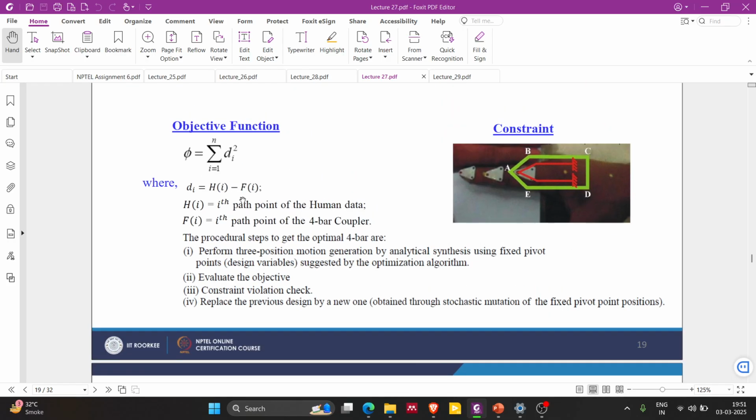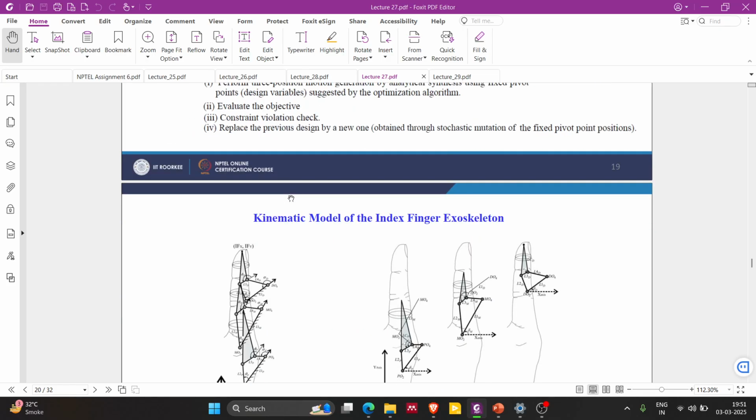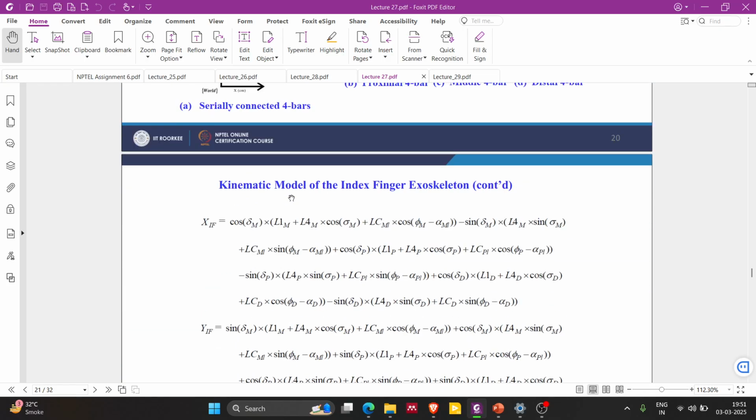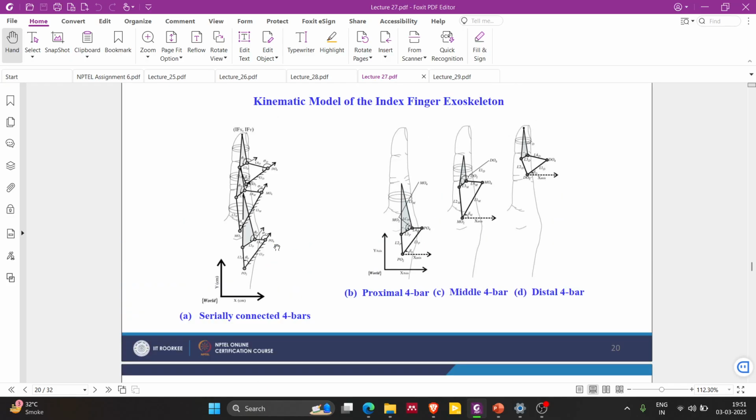They are trying to reduce the error, which is basically the difference between the path of the human data and the path of the 4-bar coupler. And here, I think this is what they have used. If you go through this again, it is a serial 4-bar mechanism. If you know, each 4-bar mechanism has 1 degree of freedom. There is a proximal 4-bar, a middle 4-bar, and a distal 4-bar mechanism.